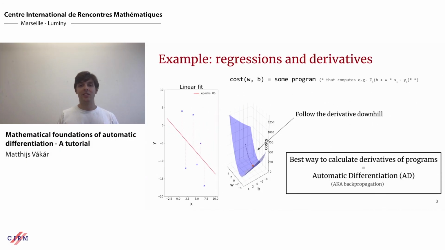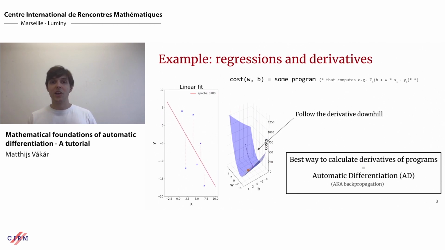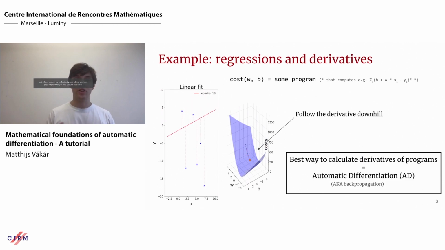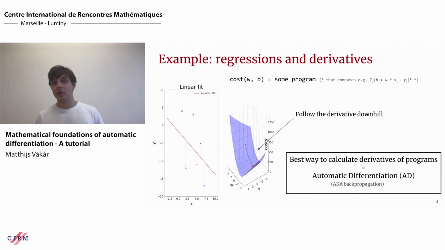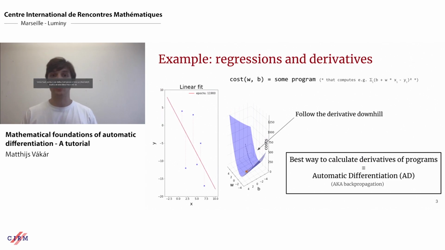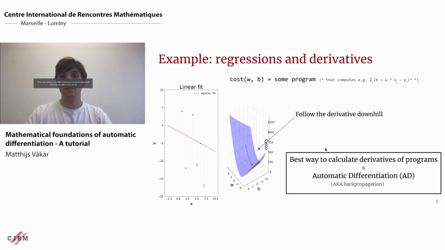So you immediately see that to fit regression models using maximum likelihood estimation or to just solve mathematical optimization problems on continuous parameters, we often encounter a need to calculate derivatives of the function we're trying to optimize. For example, a likelihood function. So we need a good technique to calculate derivatives of these cost functions, and these cost functions tend to be implemented as a piece of code, right?